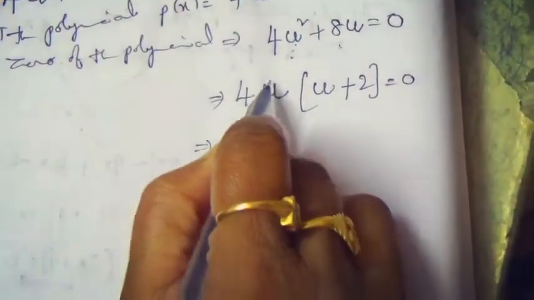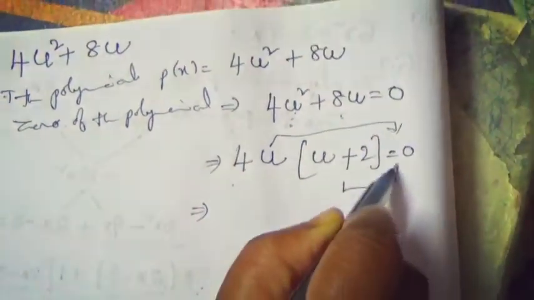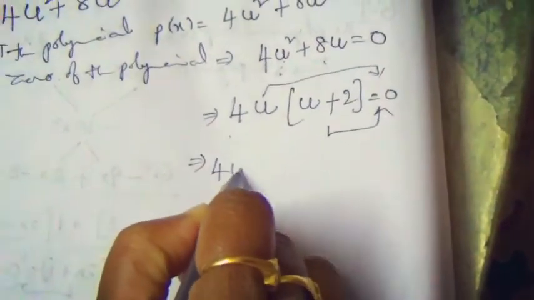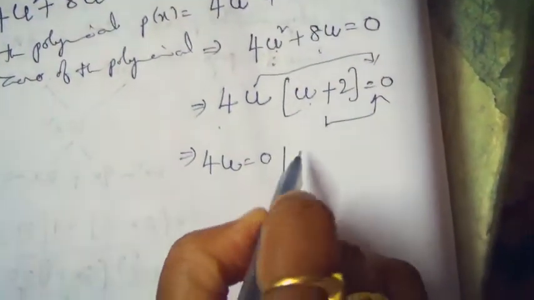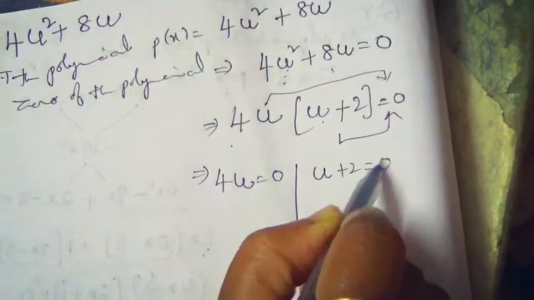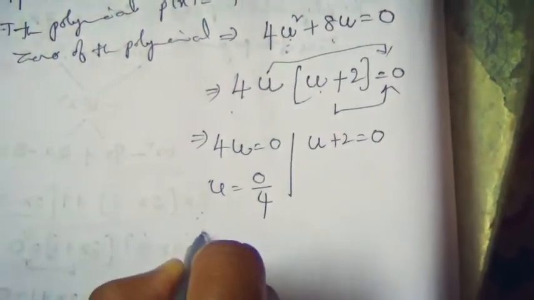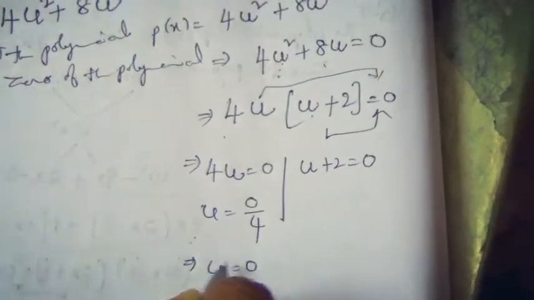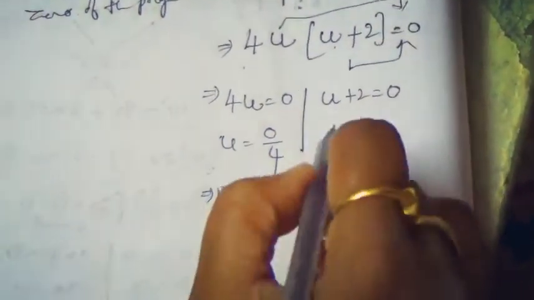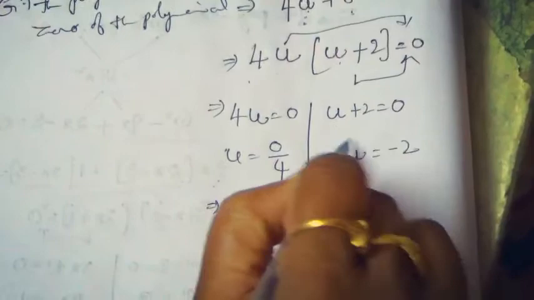You just equate the first term with 0 and the second term with 0 directly. That is 4u is equal to 0 and the second one u plus 2 is equal to 0. U is equal to 0 by 4, that implies u is equal to 0. That is the first value. U is equal to minus 2. It is the second value.